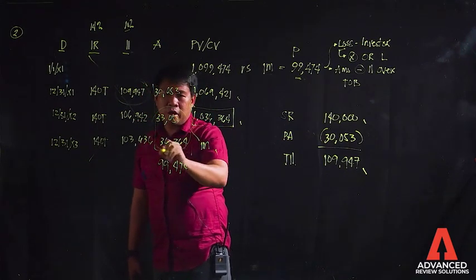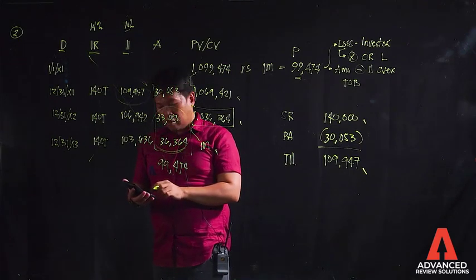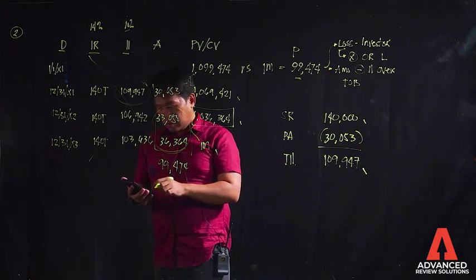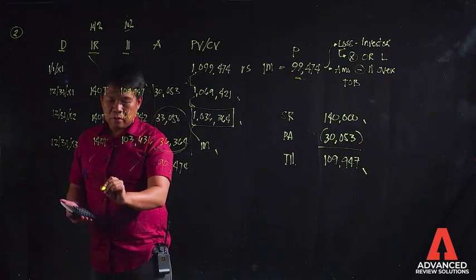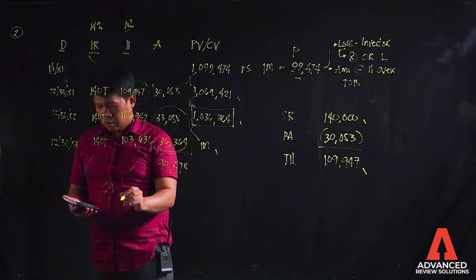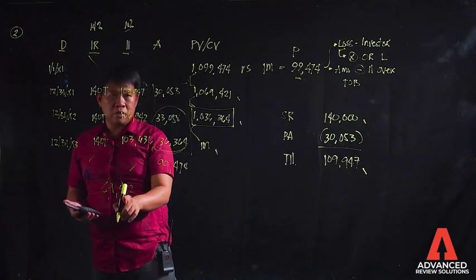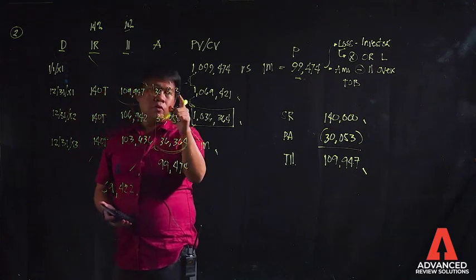This is the unamortized bond premium, which is equivalent to how much? That is 33,058 plus 36,364. This should be 69,422. Okay? What is this again? This is the unamortized bond premium as of December 31, 20X1.